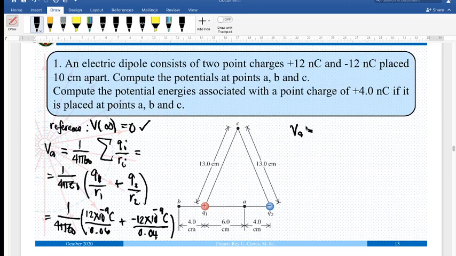So what is the potential at point A? That is equal to negative 1 times 10 to the negative 7. Just check if this is correct. The potential is negative because you are moving towards the negative charge, it is closer to the negative source charge, therefore your potential at point A must be negative.